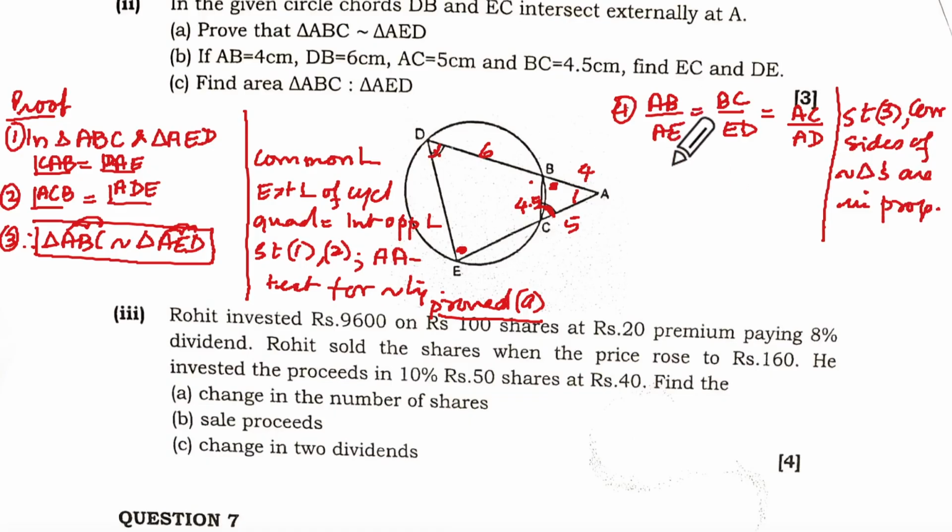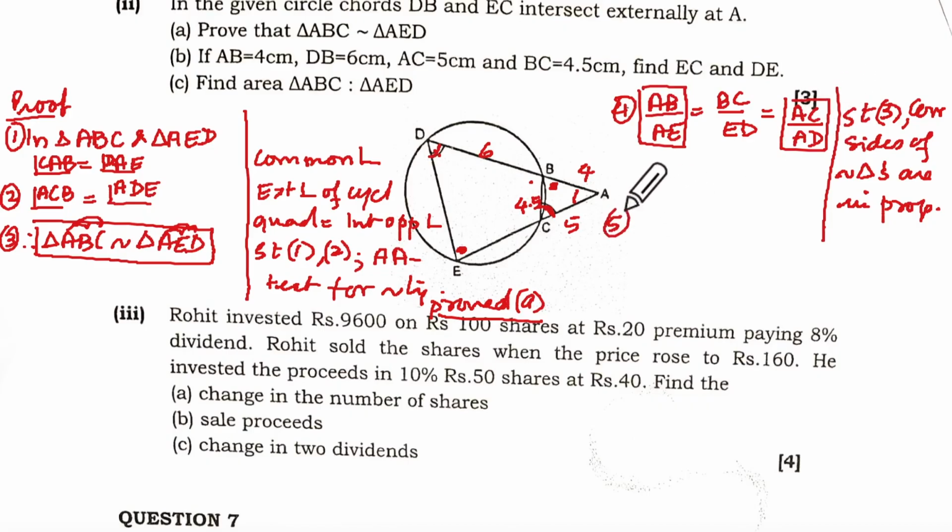Now you have to find EC. Where is EC? EC is part of AE. So I'll have to take AB upon AE and BC upon ED, AC upon AD. Right? So let us take this one and this one.